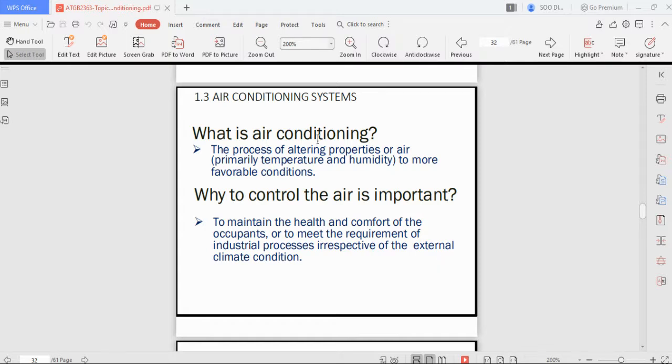In Malaysia, we have cold air conditioning. It means it is blowing out cool air into the room because we are in a hot country, so we do not have hot air conditioning. In a cold climate country, they actually have hot air conditioning.